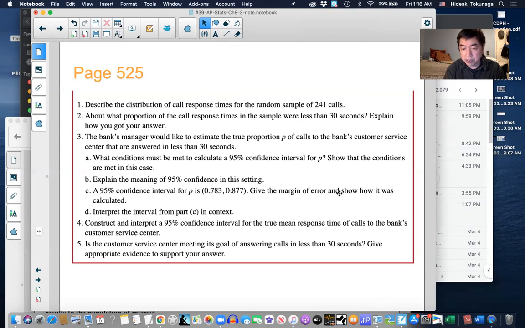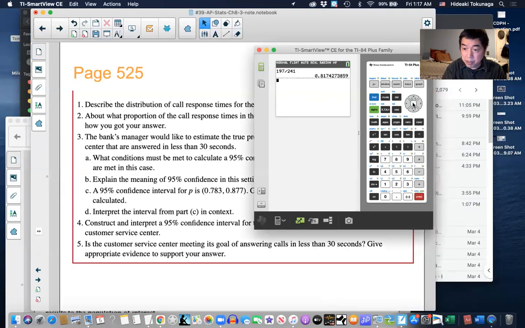Give the margin of error and show how it was calculated. Okay, so 95% confidence interval. Remember, a confidence interval has a margin of error. This is how I do it; there might be a better way.